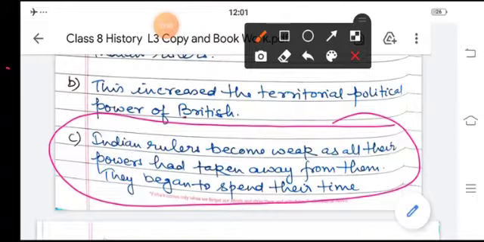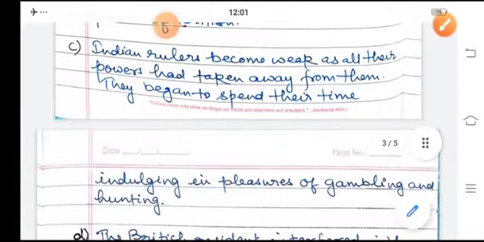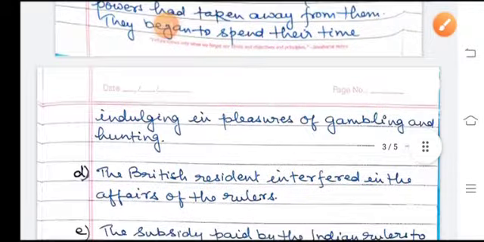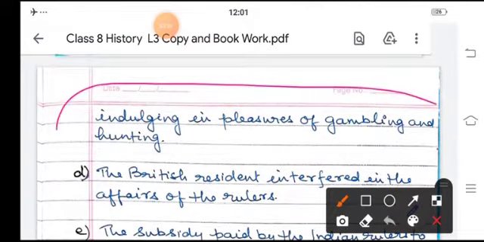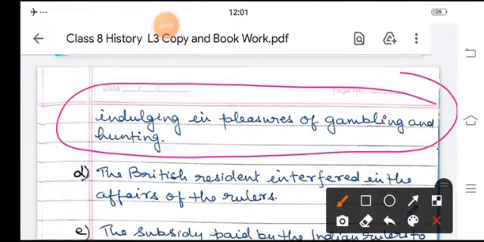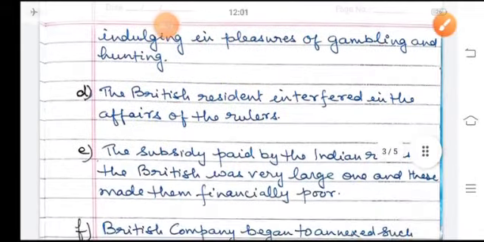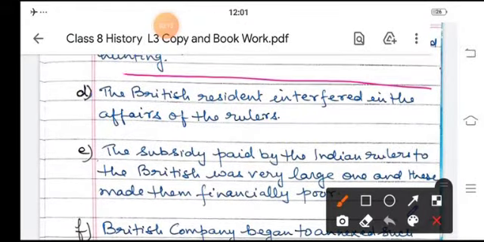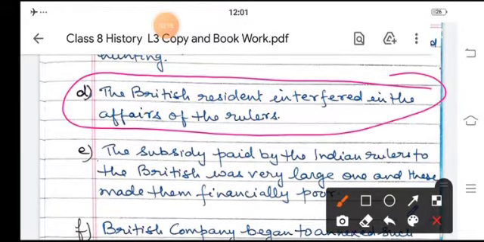They began to spend their time indulging in the pleasures of gambling and hunting. D. The British resident interfered in the affairs of the ruler.